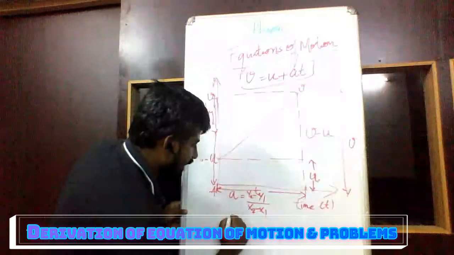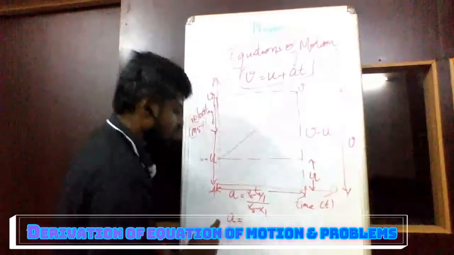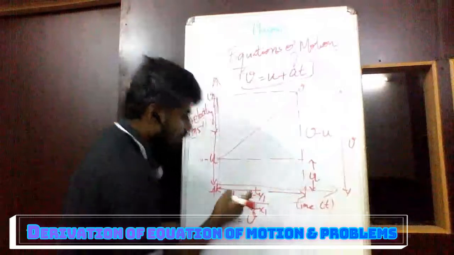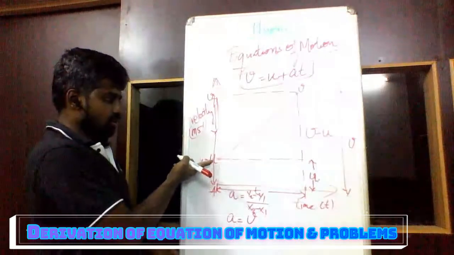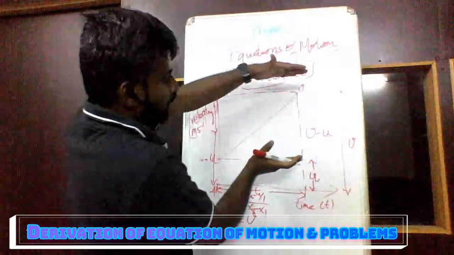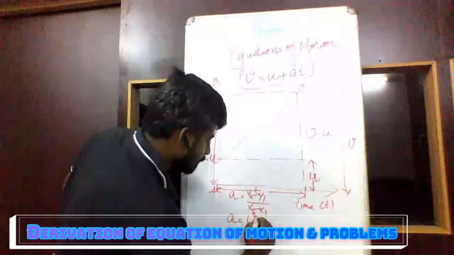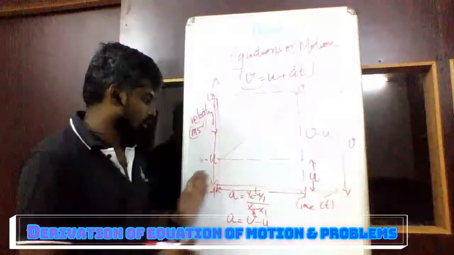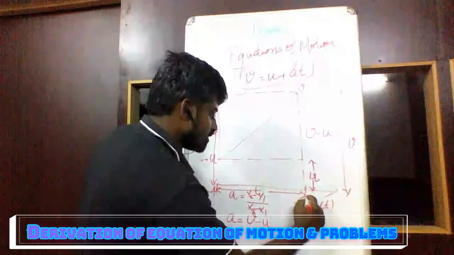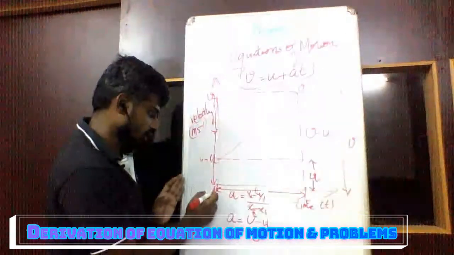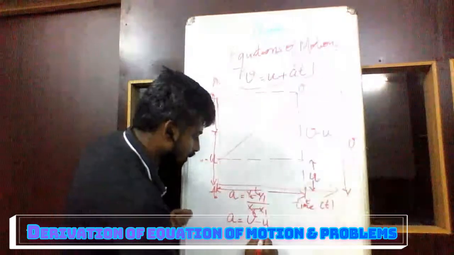Simple. So acceleration is equal to, what is y2? Final velocity v. What is y1? This is u. So v minus u divided by, what is t2? This is t2, so that is t. What is t1? x1 is 0. So t minus 0.